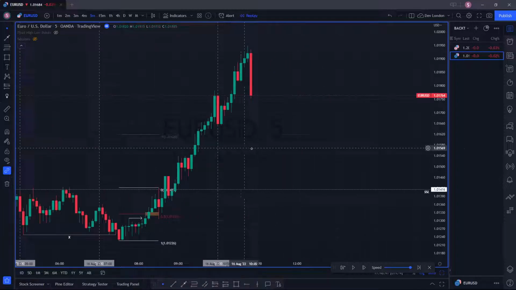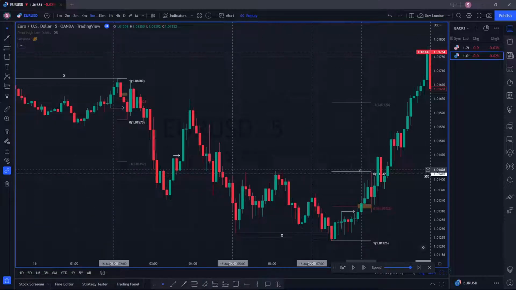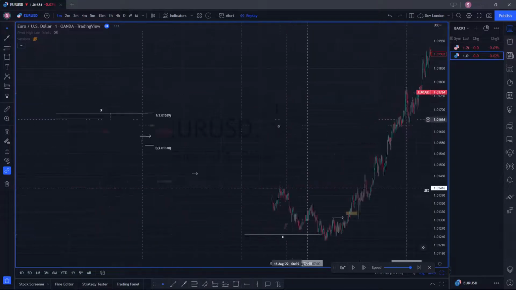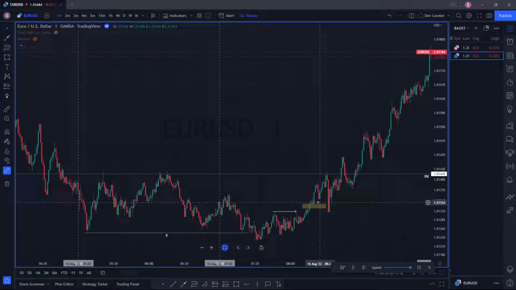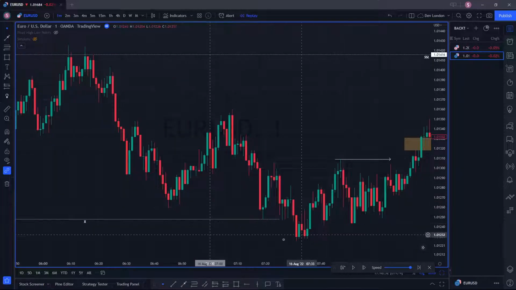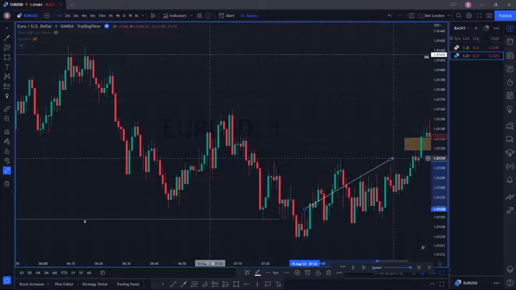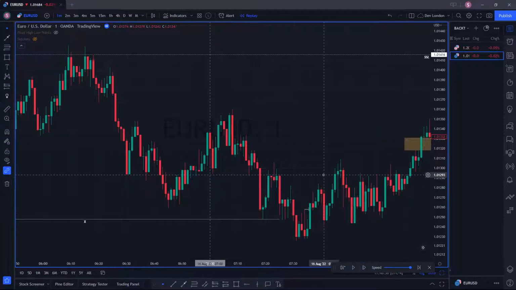So on the 1 minute, like you guys requested, we'd be looking at the market taking out the lows here. Then we have our break of market structure right here, and the break of market structure left behind a fair value gap.